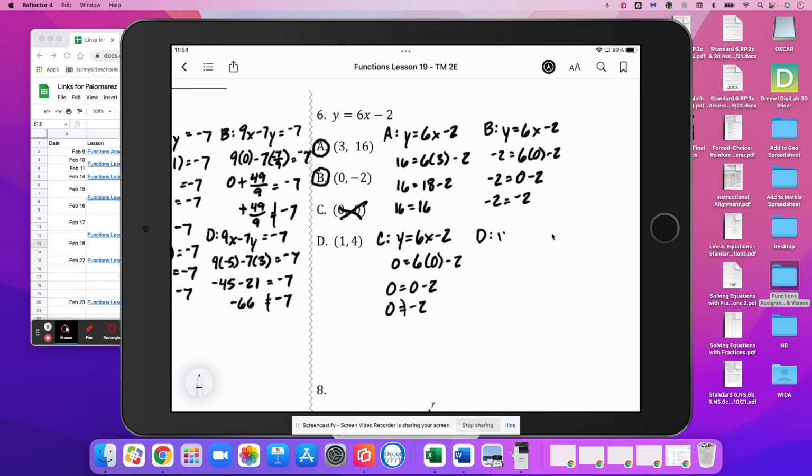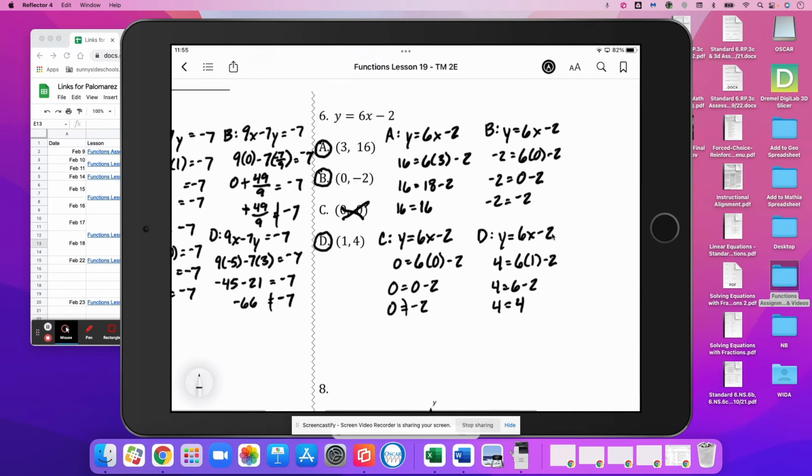D, y equals 6x minus 2. We got 4 is equal to 6 times 1 minus 2. So 4 is equal to 6 minus 2. 4 is equal to 4. And so yes, D satisfies the function. Alrighty, moving on to 7 and 8.